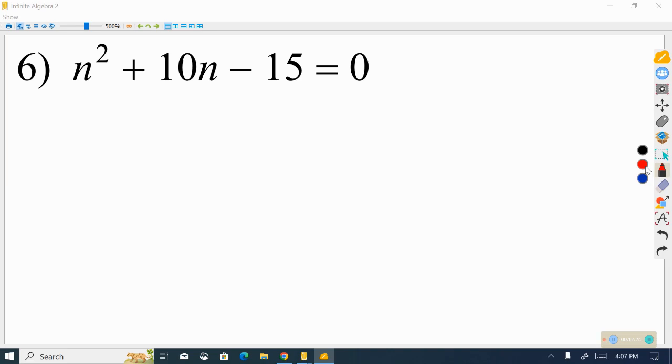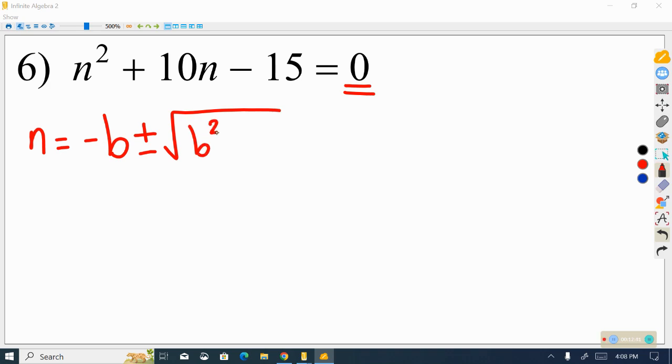Like I said before, the variable is n in this case, so we know because it's all equal to 0, I can apply the quadratic formula, and in this case our formula works with negative b plus or minus the square root of b squared minus 4ac all over 2a.